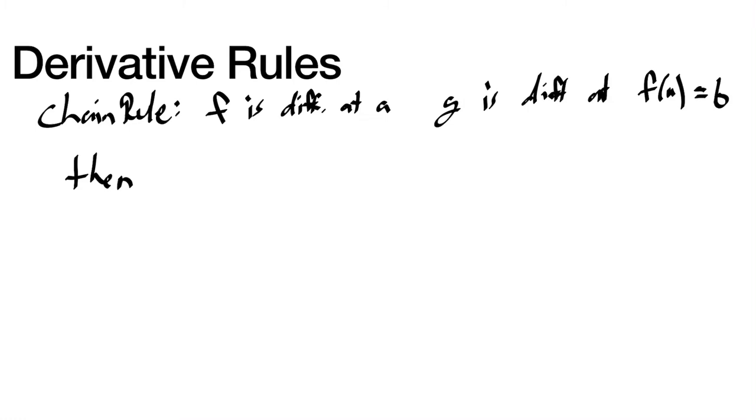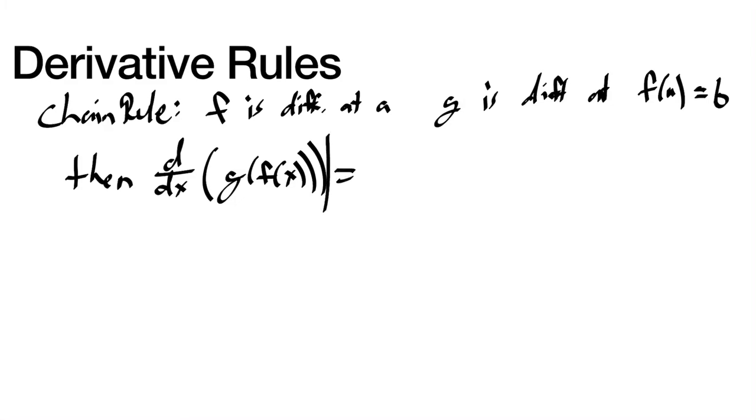Then you all remember what the chain rule says. It says that if I take the derivative of g of f of x, evaluated at x equals a, it is equal to g prime of f of a times f prime of a.